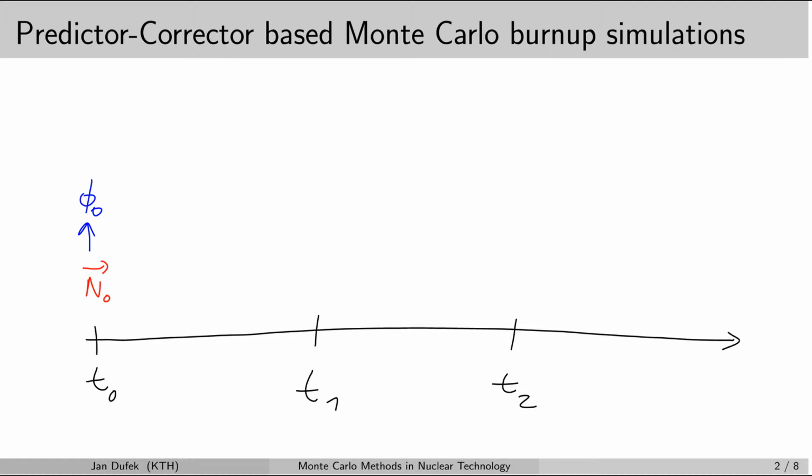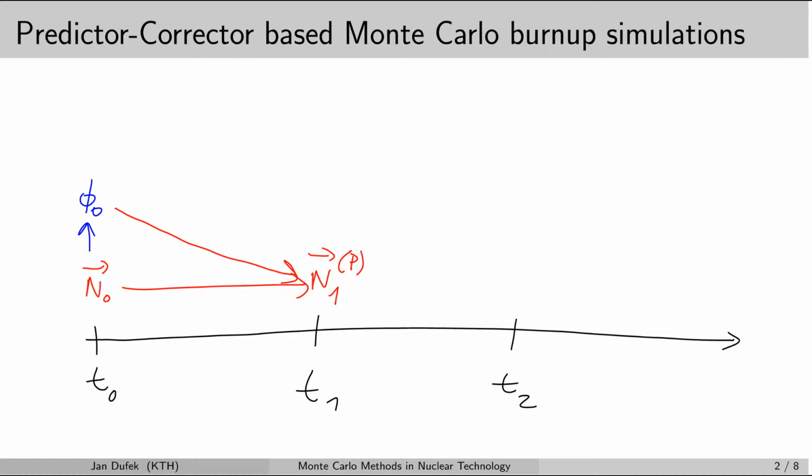The predictor-corrector scheme at first doesn't differ from the explicit Euler, so it's using the initial nuclide field vector and the initial flux phi 0 to calculate the nuclide field vector at time t1. However, this nuclide field is marked as the predictor nuclide field.